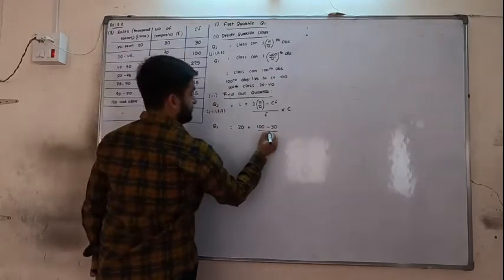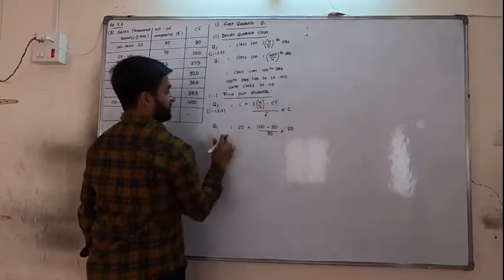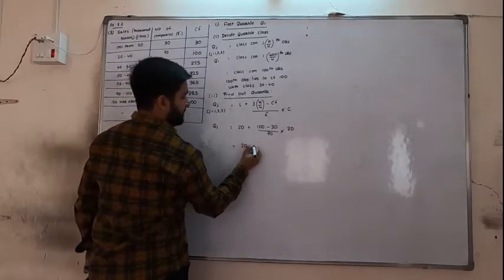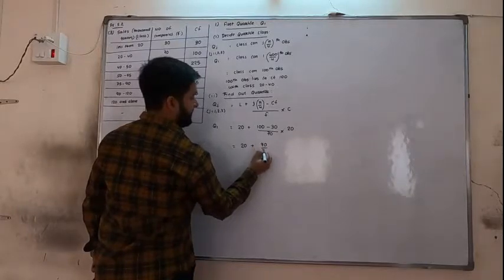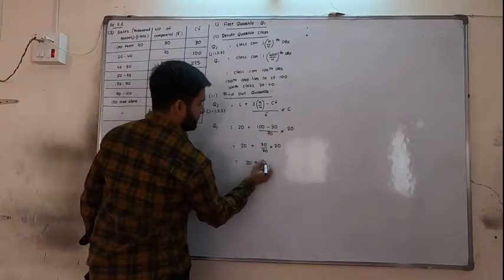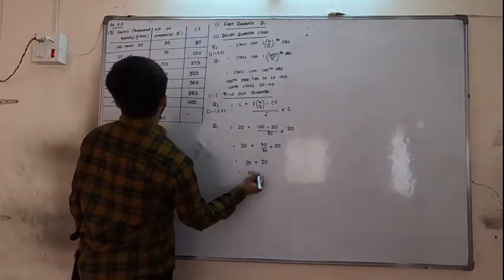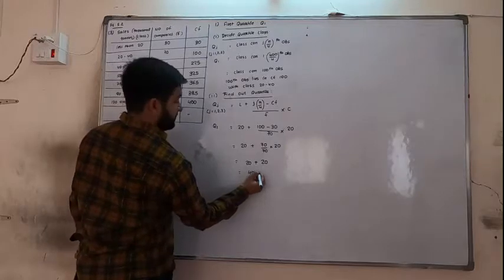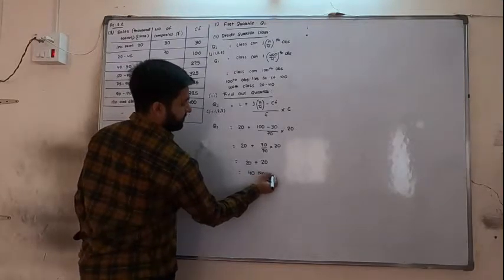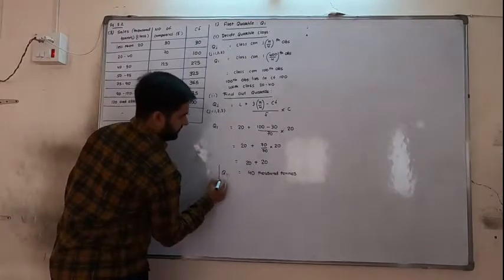The frequency of that class is 70, and the class length is 20. So 20 plus 70 by 70 into 20. So 20 plus 20, that is 40. So 40 thousand tons is Q1.